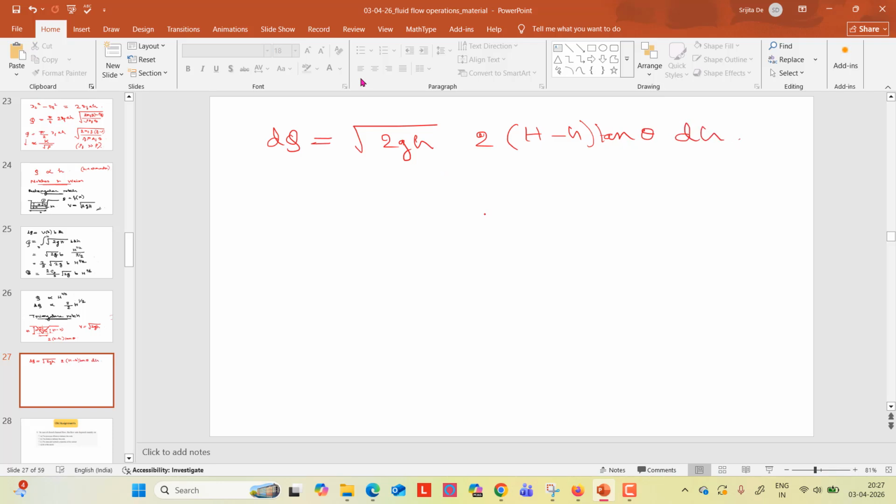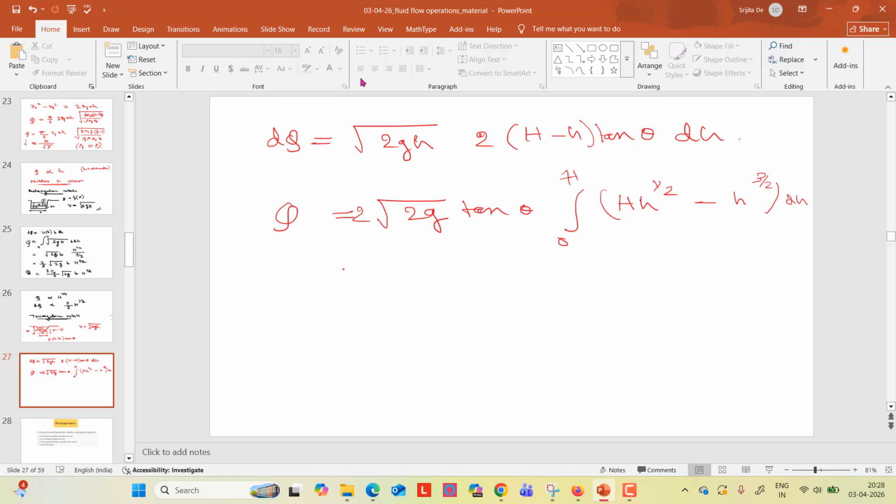So now if we integrate, q will be root under 2g tan theta, and the integration should be 0 to H, of capital H into small h to the power half minus h to the power 3 by 2, into whole dh, right?